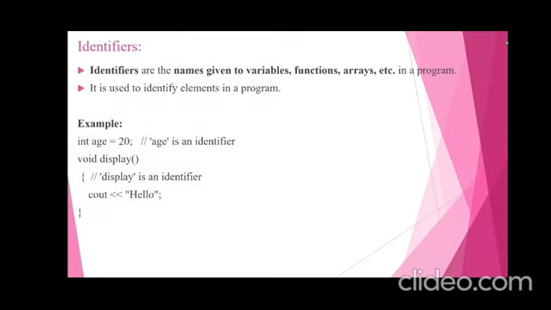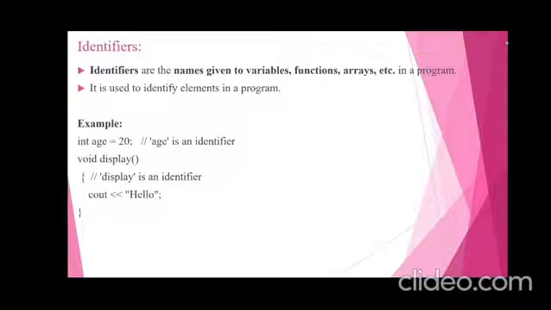And the next one is identifiers. Identifiers are the names given to variables, functions, arrays, and other elements in a program, and they are used to uniquely identify these elements. In simple terms, identifiers help us refer to different parts of a program by giving them meaningful names.